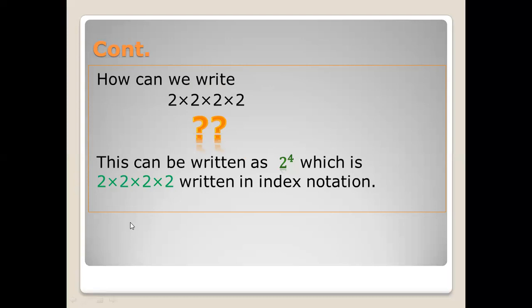Okay, thank you, Bwana Clavius. So 2 times 2 times 2 times 2 can be rewritten as 2 raised to power of 4. So this 2 raised to power of 4 is what we call the index notation. Where 2 is the base and 4 is an exponent, otherwise an index.